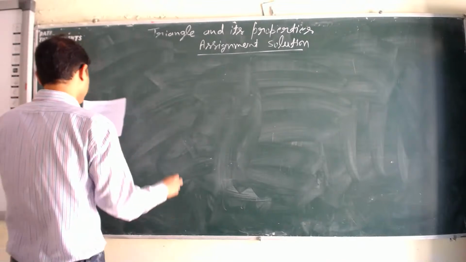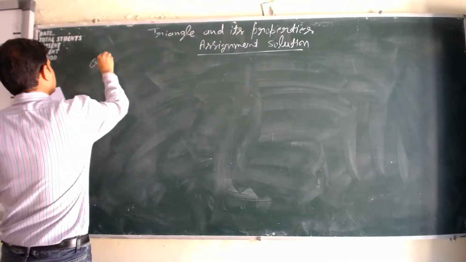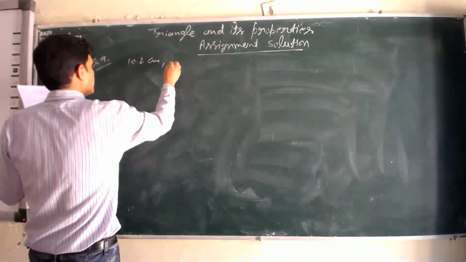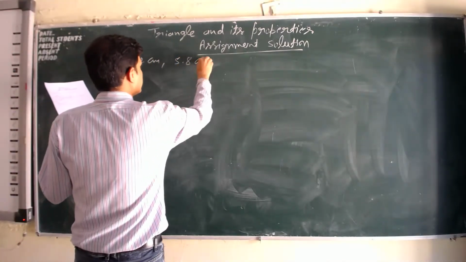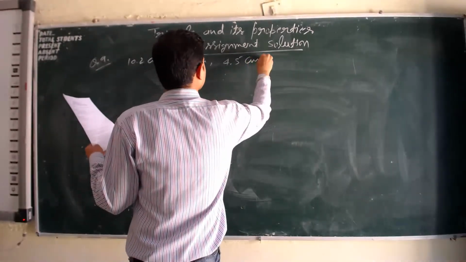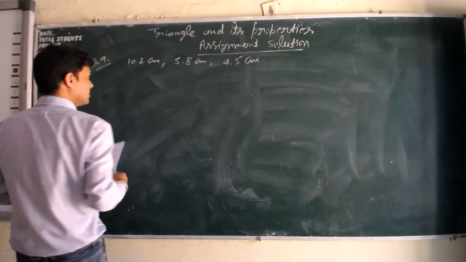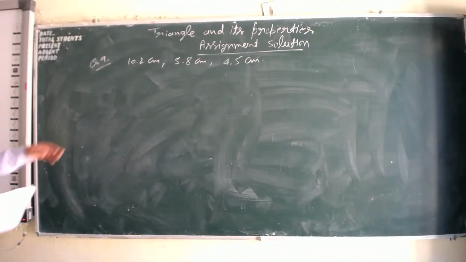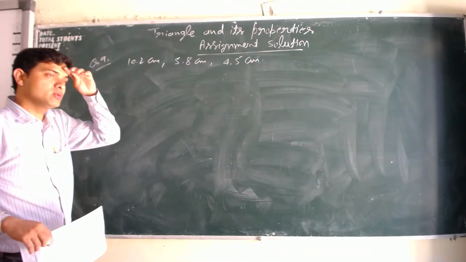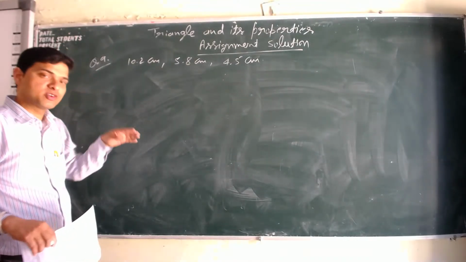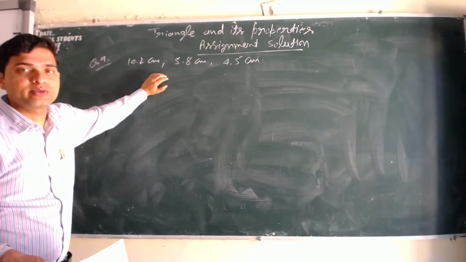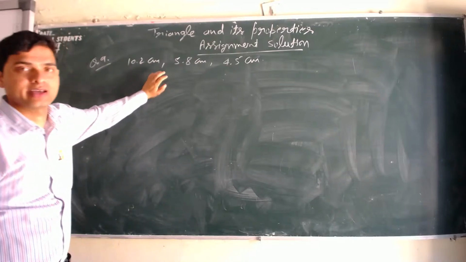Is there any triangle whose sides are 10.2 centimeter, 5.8 centimeter, and 4.5 centimeter? Now we have to see whether this triangle is possible or not. According to the triangle inequality property, the sum of any two sides is always greater than the third side.